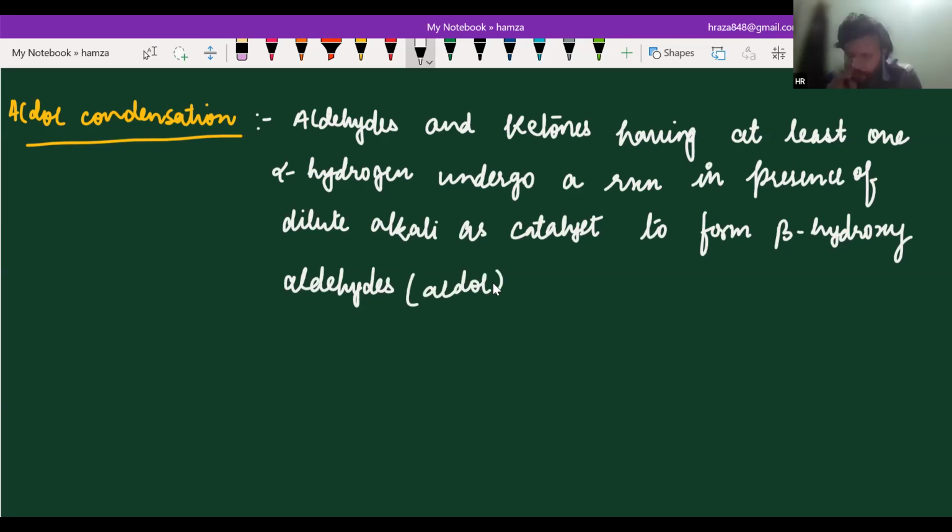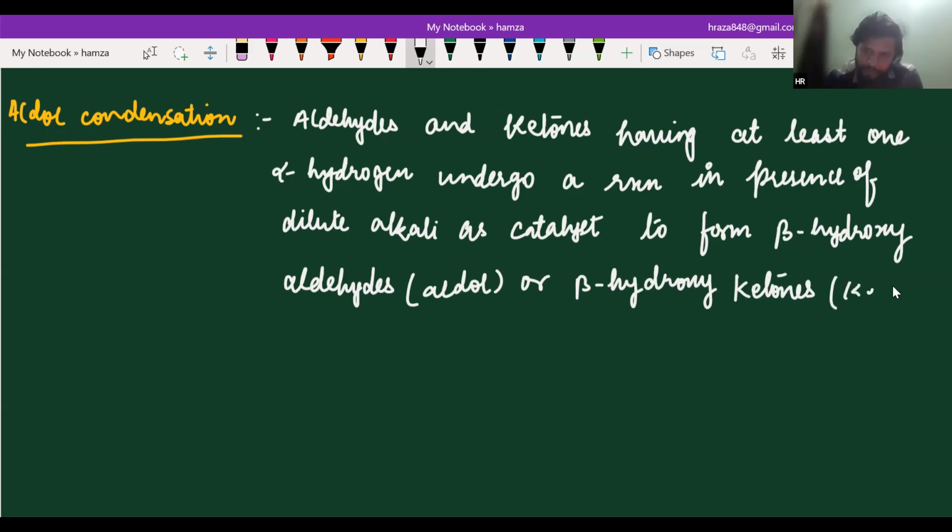Ald means aldehyde and ol means alcohol, or also known as beta hydroxy. That means basically the alcohol's position is at beta carbon. Ketones: if you do this condensation of ketone, that will be known as ketol, respectively.